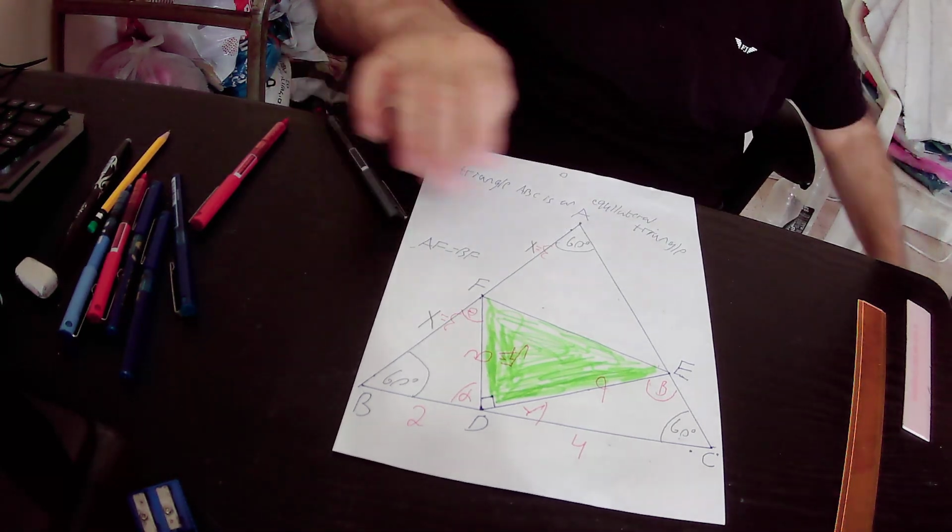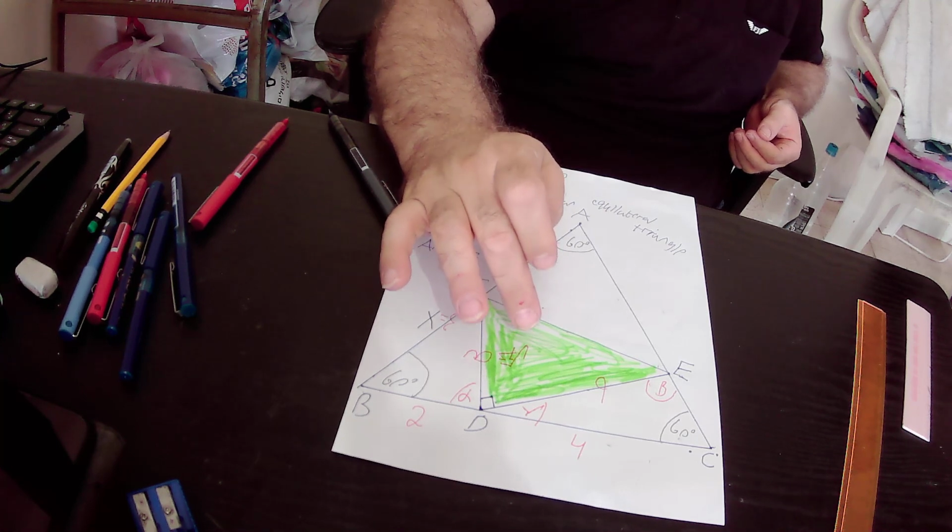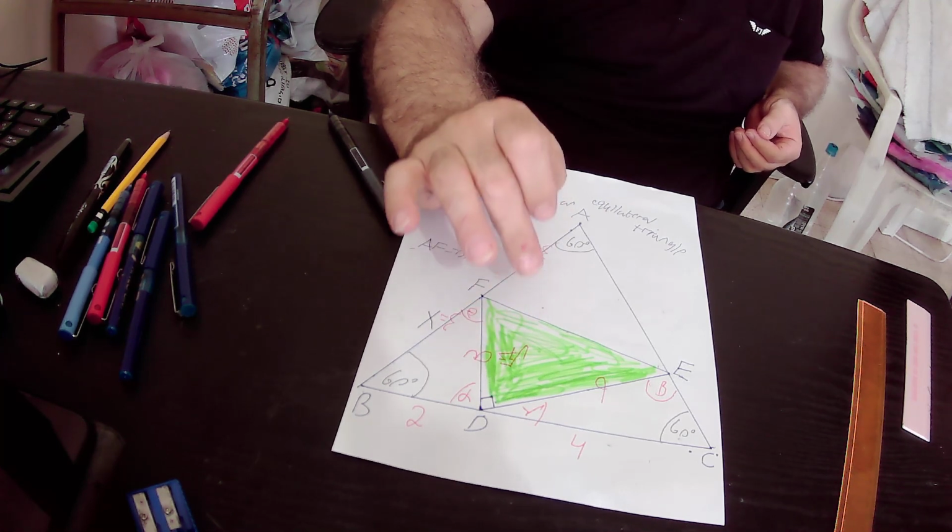Again, the area of the green triangle FDE equals 4.85 square units.